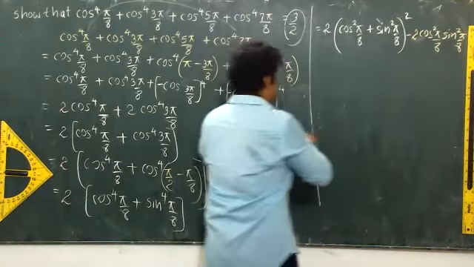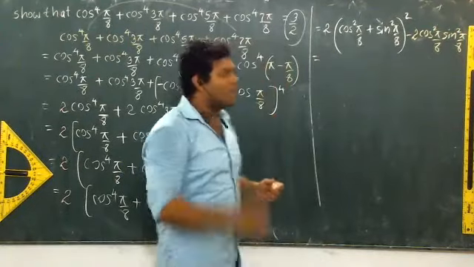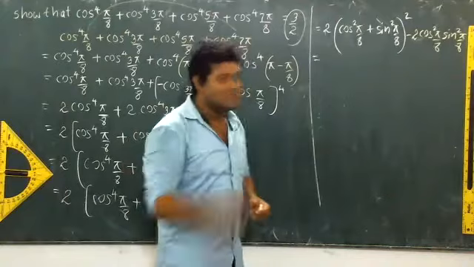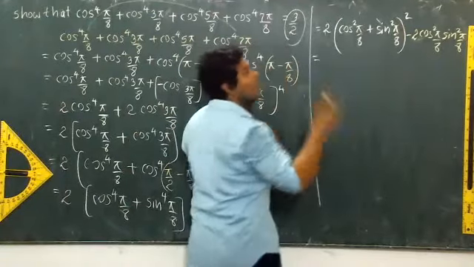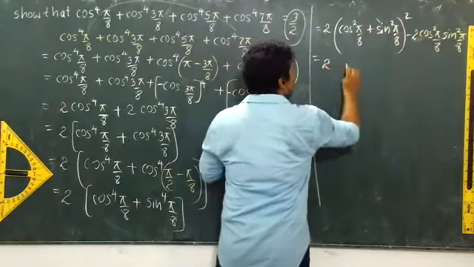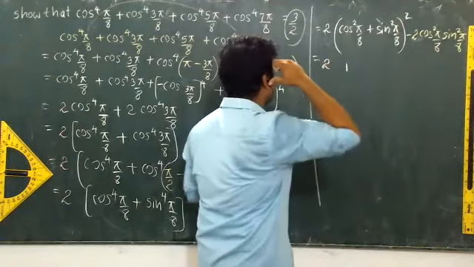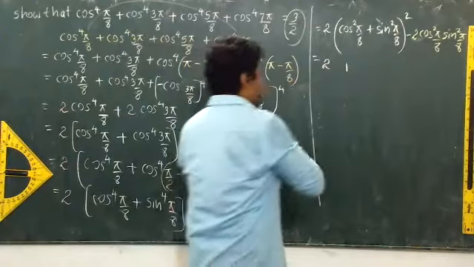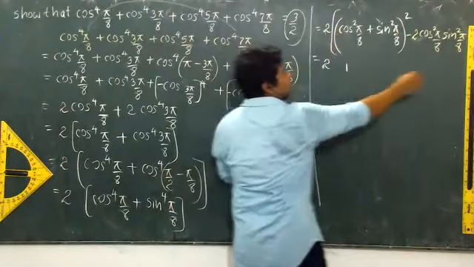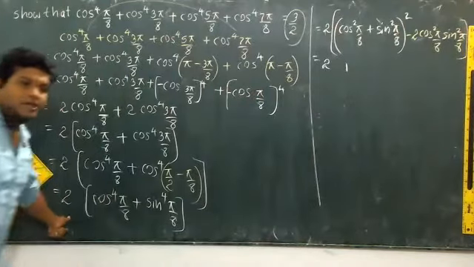Okay, now how to do that? This is no one else, sine square theta plus cos square theta. It is 1, as well as this, when you have 5π/8 sine square plus cos square, it is 1, then 2 times 1, right? We can get it. I couldn't remove this bracket because 2 was a number given outside.